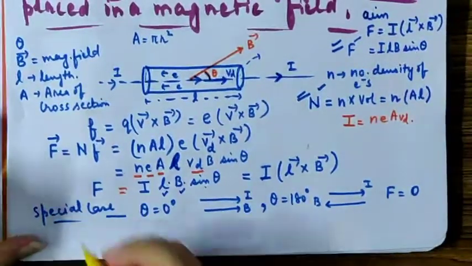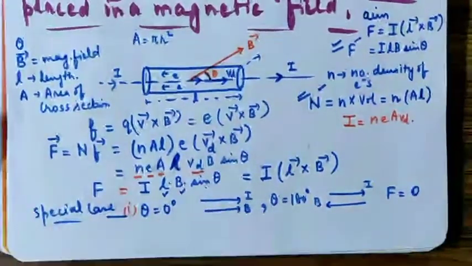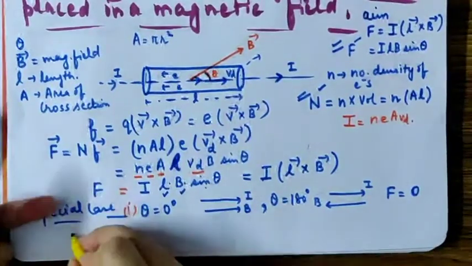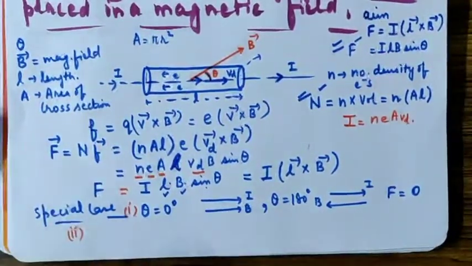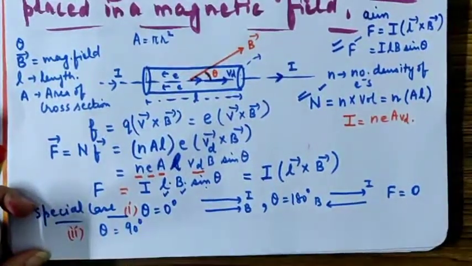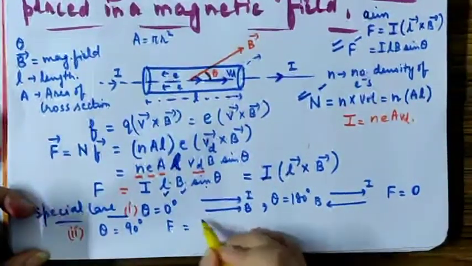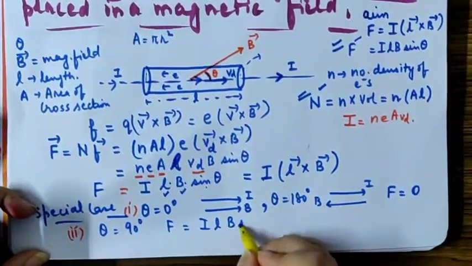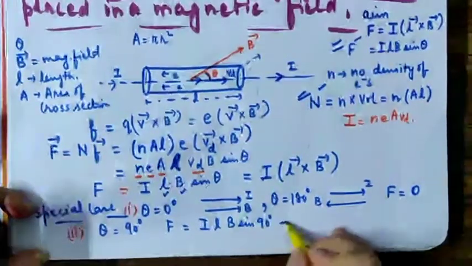So we'll discuss case number 2. This was case 1. Let's discuss case 2. Suppose theta is equal to 90 degrees. Then the force will be equal to I L B sine 90. Sine 90 is equal to 1.